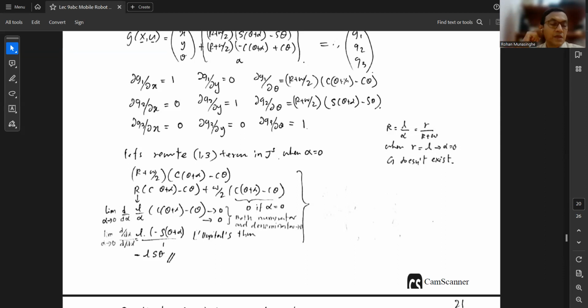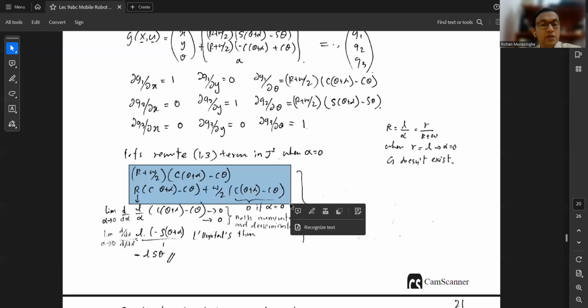It's like you need to use what is called L'Hopital's rule of differentiation and find out the actual value when alpha equals 0. Now here I have elaborated that process for you. You can see this one, R plus W over 2, then cos theta plus alpha minus cos theta.